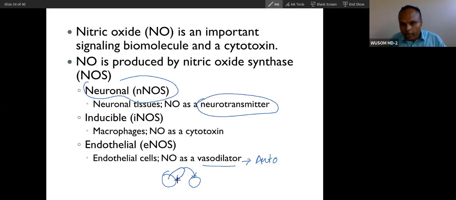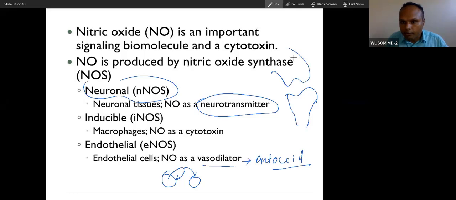A neurotransmitter will always act at the junction, at the synapse, not elsewhere. It is secreted from one nerve ending and acts on another nerve ending at the synapse. The difference is the site of production and action.